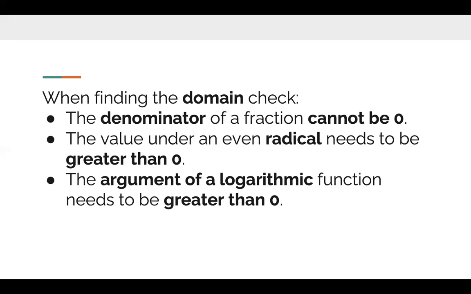So the first rule would be if we have a denominator in the function, so there's a fraction, the denominator cannot be 0. Another rule is if we have a radical, an even radical, the value under it needs to be greater than 0. And the third rule is the argument of a logarithmic function needs to be greater than 0.